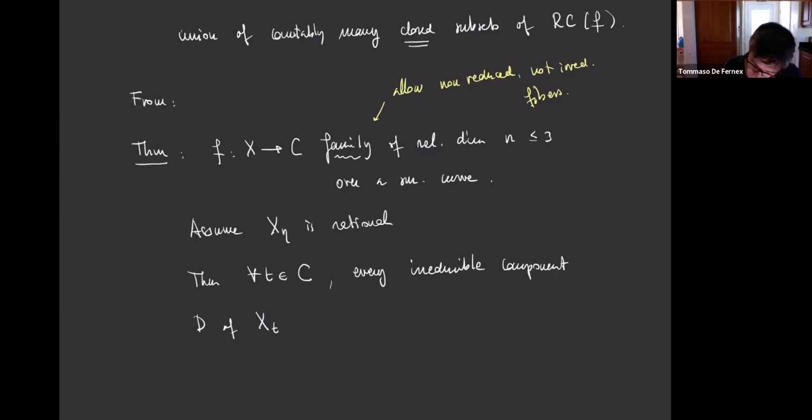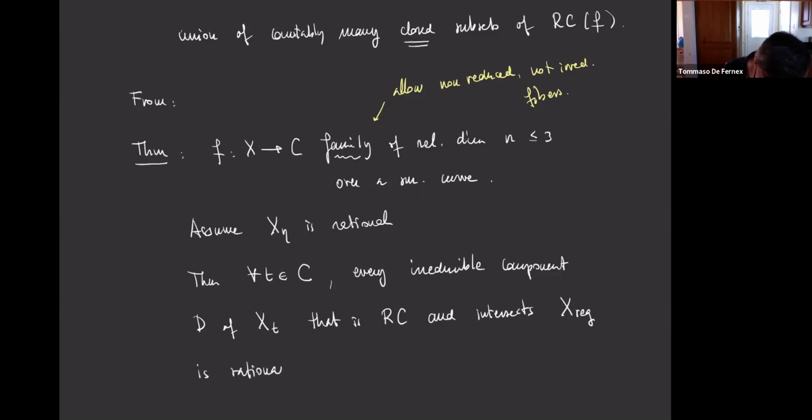So I look at a irreducible component D of some fiber that is rationally connected and intersects the non-singular locus of X. And in conclusion, this is rational.